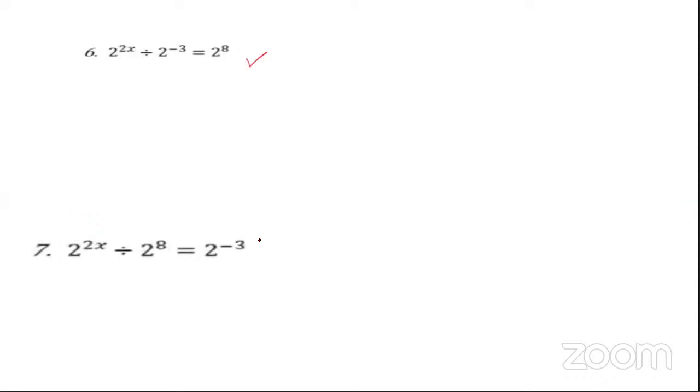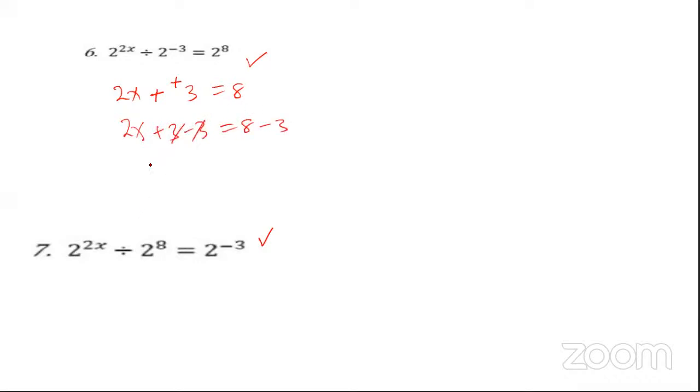Please be careful. Where there is a negative, carry the negative. If it is 2x minus minus, please leave this minus there. It is minus 3 equal to 8. So when you minus, this one becomes a plus. So we shall have 2x plus 3 minus 3 is equal to 8 minus 3.